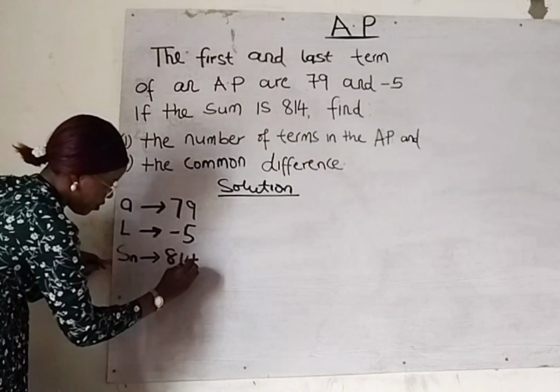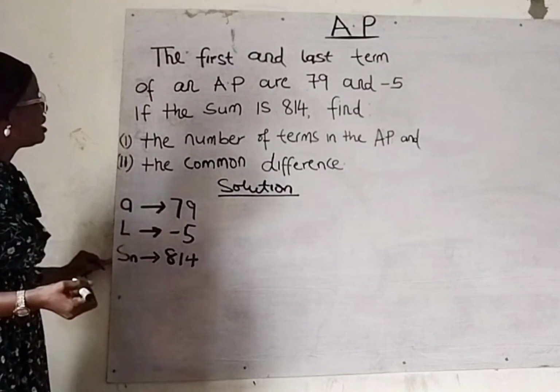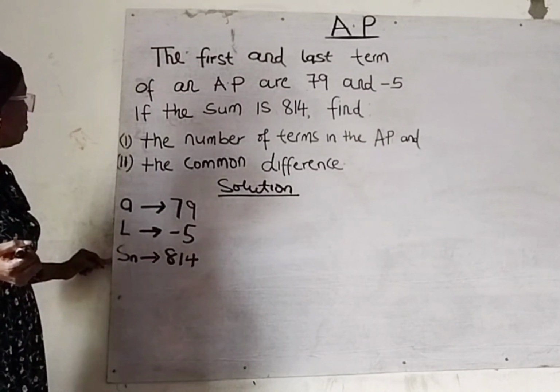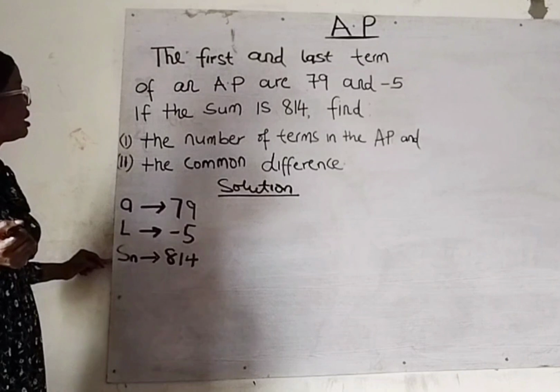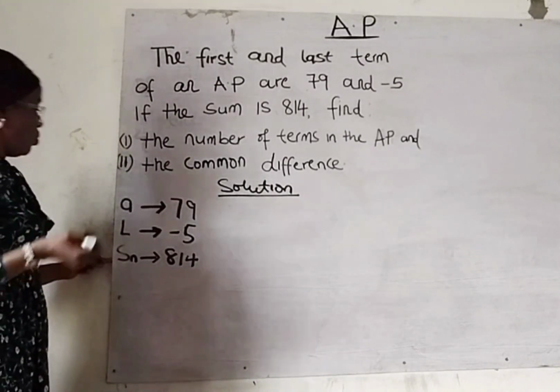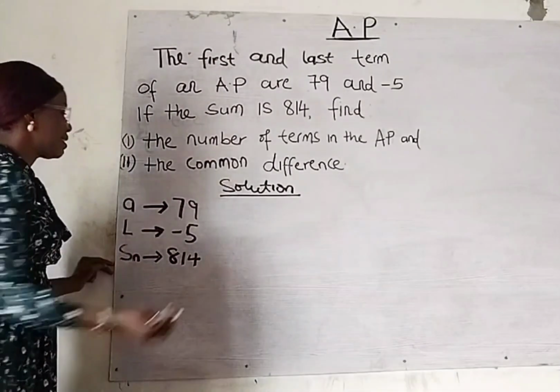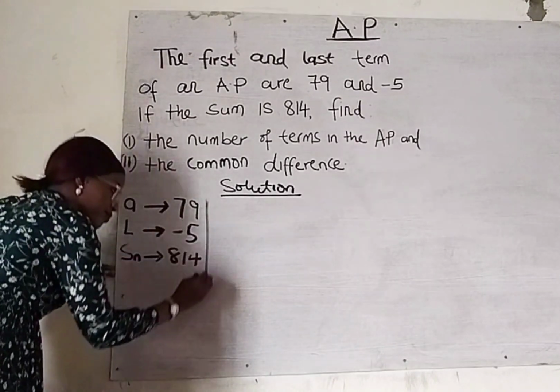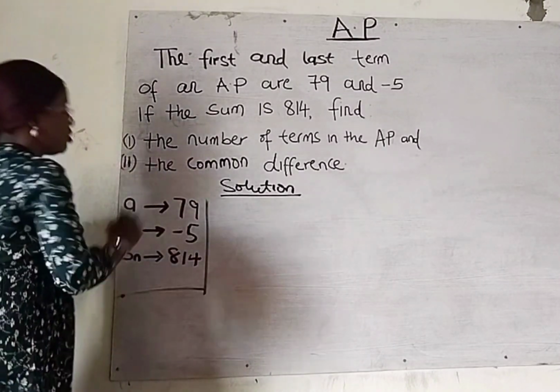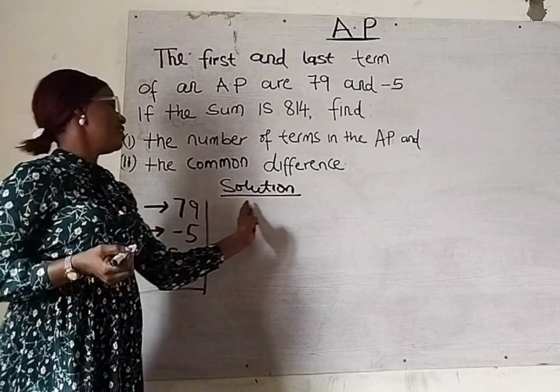What other thing is given to us? I don't think there's any other thing. Okay. We are done with writing out the data. Let me rule it out like this. Now start the solution.